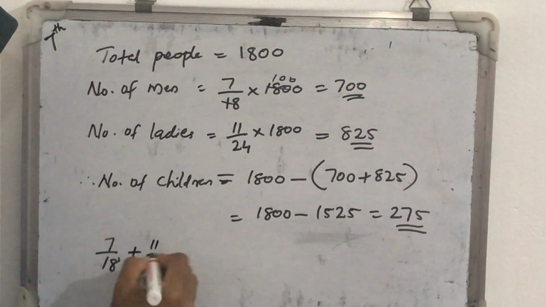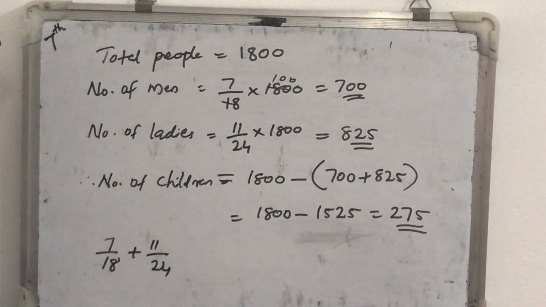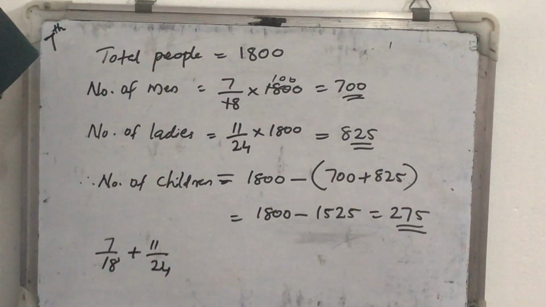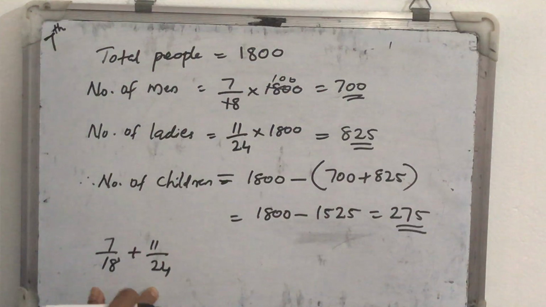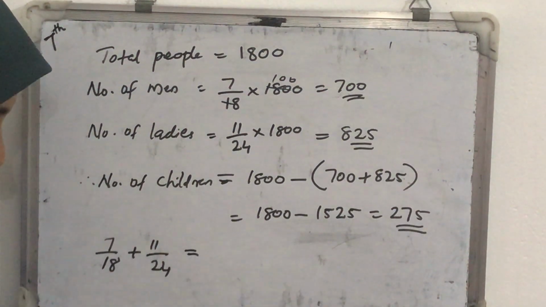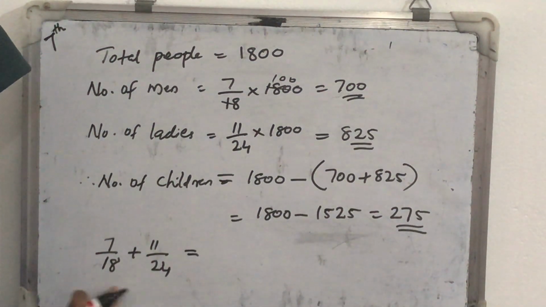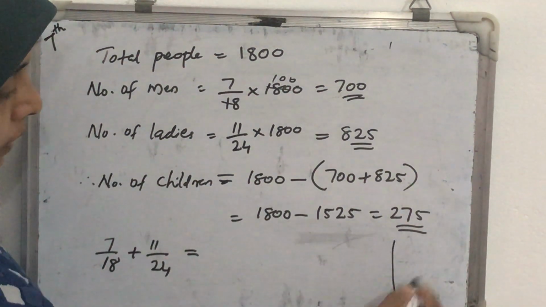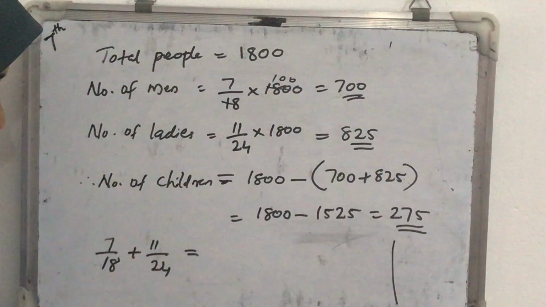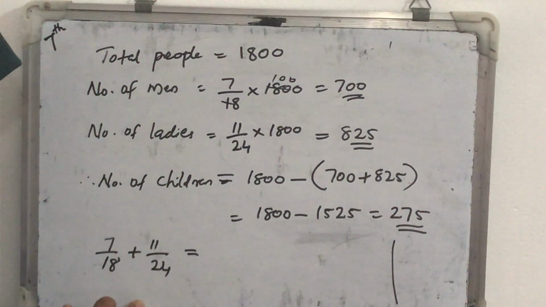So first we add both of their fractions. For adding 7 by 18 plus 11 by 24, both have different denominators. So first we want to convert them into the same denominator by finding the LCM of 18 and 24. By division, the LCM of 18 and 24 will be 72.